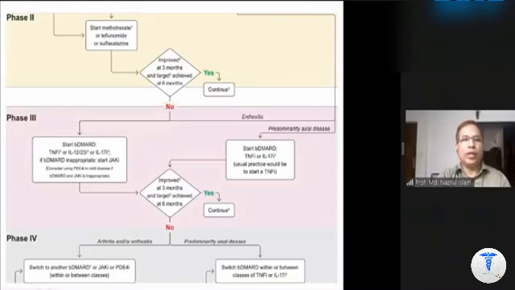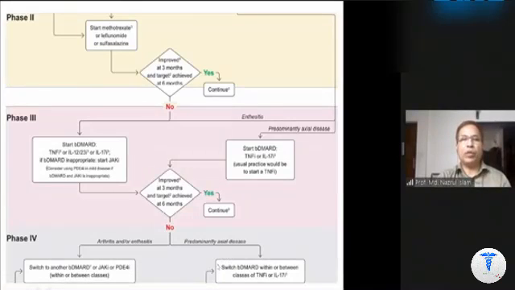If no, then arthritis and or enthesitis, and on the right-hand side, predominantly axial disease, it is phase 4. We have to switch to another biologic DMARD or JAK inhibitor or PDE4 inhibitor, within or between classes.